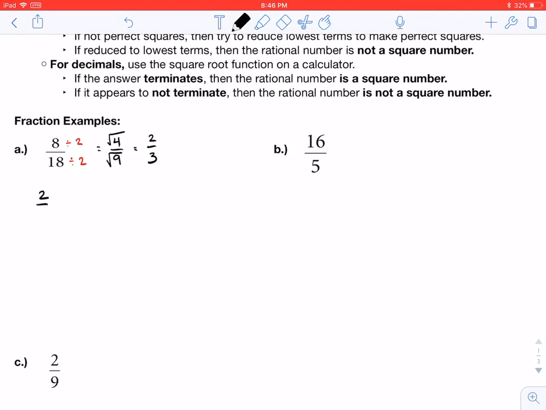So that means that I can multiply 2 over 3 and 2 over 3, and I should be able to get 4 over 9, or in this case, also equal to 8 over 18, if I multiply these by 2. So I can say, 8 over 18 is a perfect square.